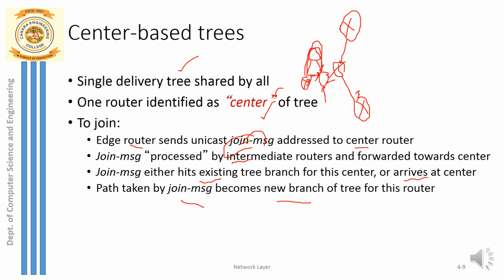So this router will send the message first to this non-multicasting group member, and via that it will send to the center node. So this non-multicasting group member has helped in forwarding. The path that the router that wants to join has used actually becomes the new branch for this multicasting tree. So this is actually about center based trees.